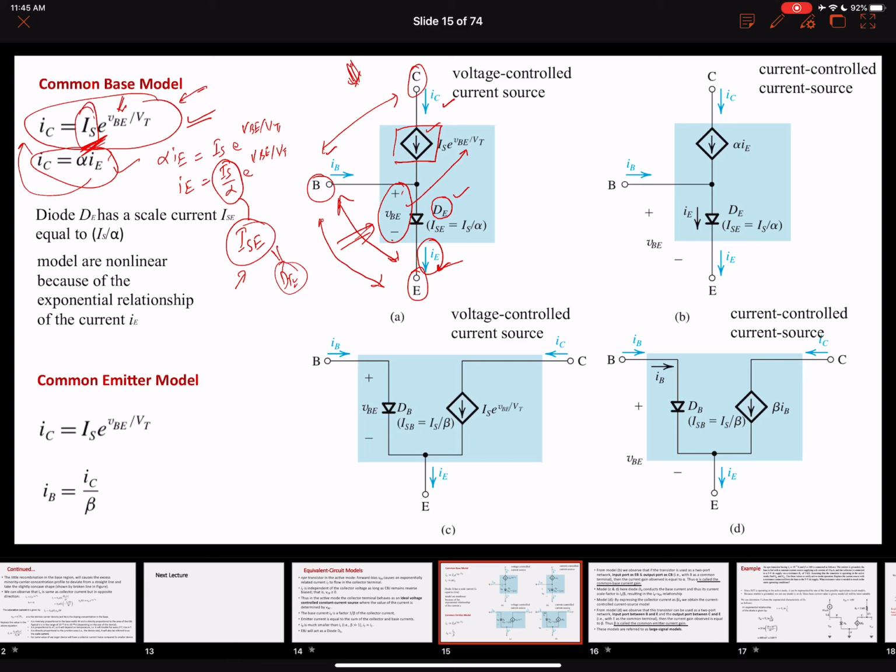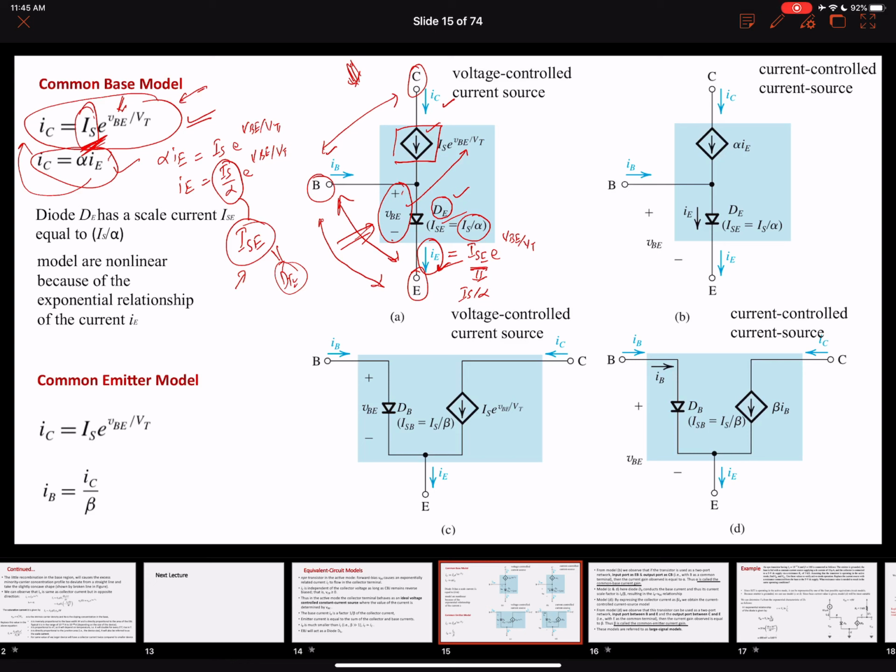That is why over here, the scaling current is written as IS over alpha. So our IE over here will be equal to ISE e raised to VBE over VT, where ISE equals IS over alpha. All right, so this is how we can model this common base configuration and develop this equivalent circuit model.